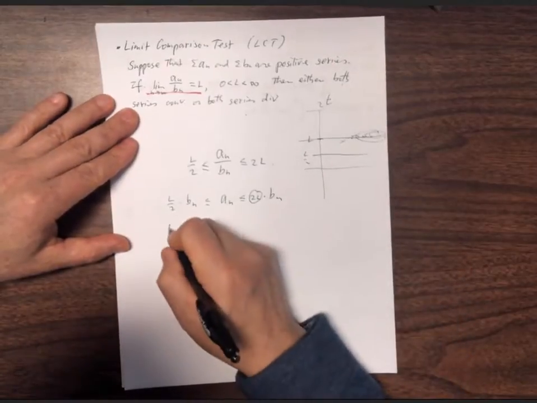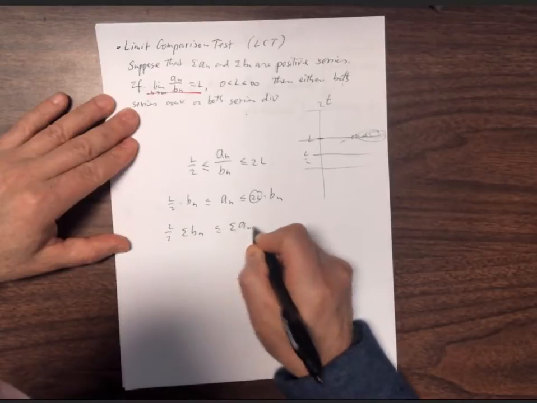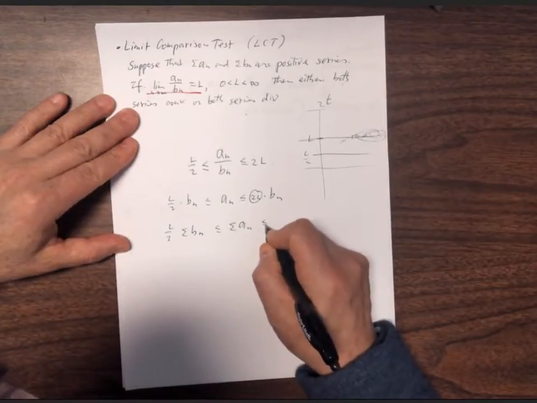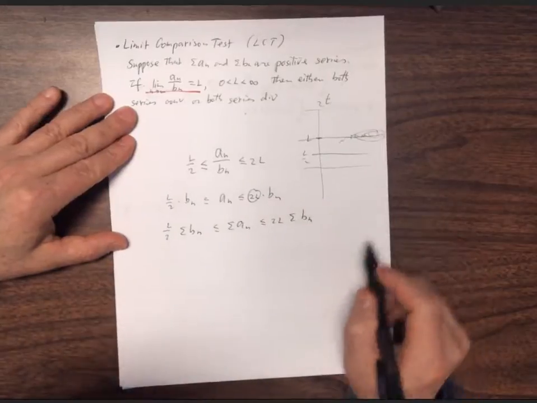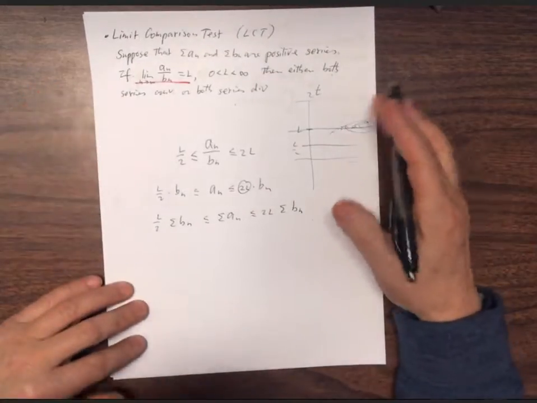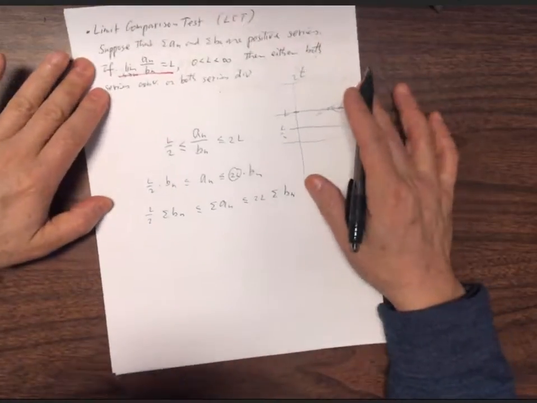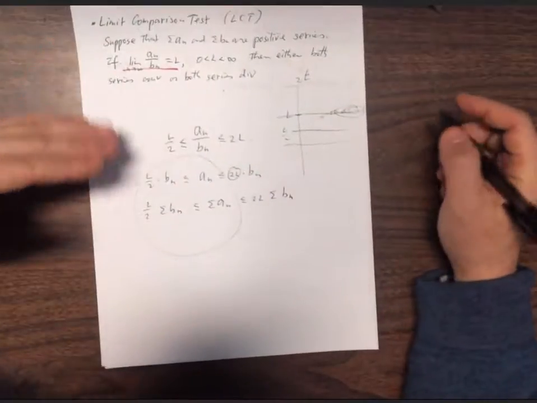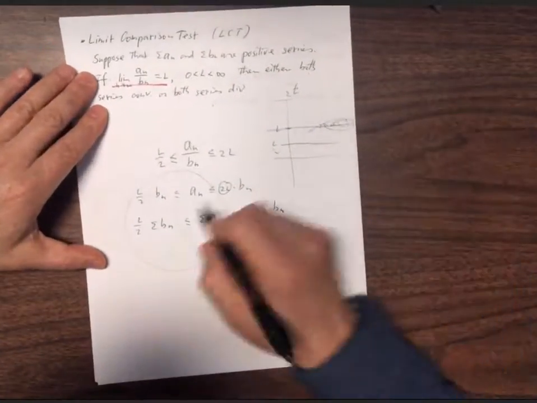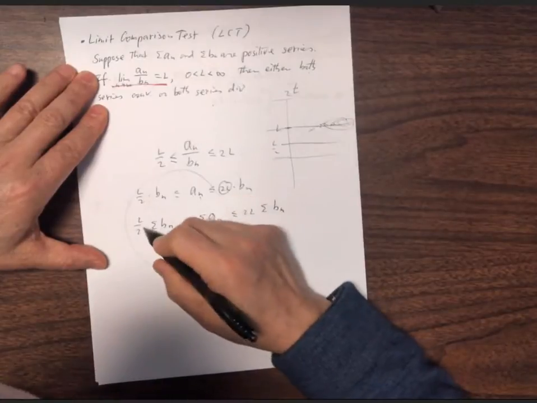Now we do sigma. So we get this inequality. Then from our termwise comparison test, this part would say if sigma an converges, sigma bn will converge.